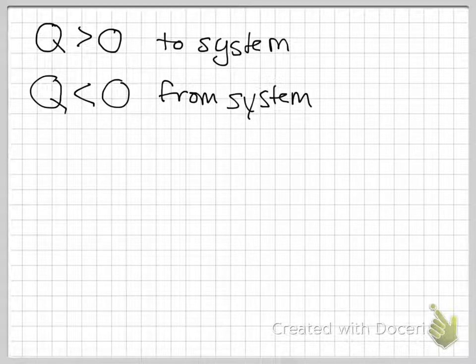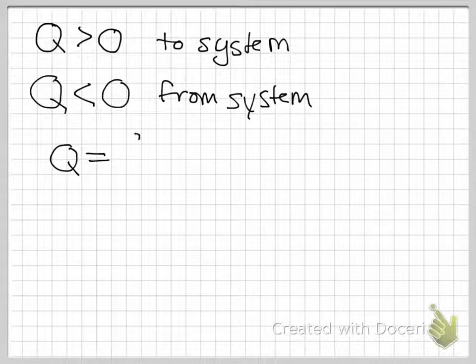So Q is not a property, it's something that's being transferred across the boundary, either into the system, in which case Q is positive, or out of the system into the surroundings, in which case Q is negative. And we can look at calculating Q a number of different ways.